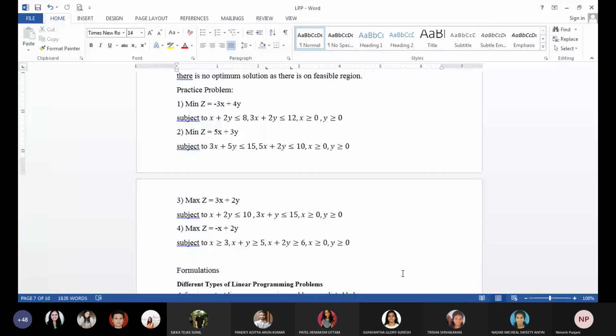I will upload this PDF today in Teams so you can get it from there. Or if you want, you take the screenshot. Okay, that's fine. You want to take a screenshot now? Take the screenshot. Then some of you will think of downloading again from Teams. Not a problem.